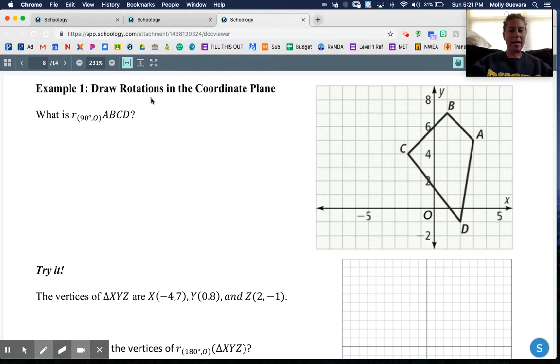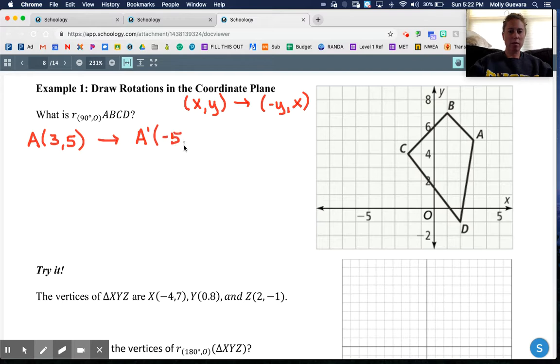So if you go back and you look in your notes, 90 degrees means for my points, right? I switch the X and Y, and the Y multiplies by -1. So that's my rule. So what I mean by that is A is at the point 3, 5. So without even having to graph it, I can tell you that A prime is at the point negative 5, 3.